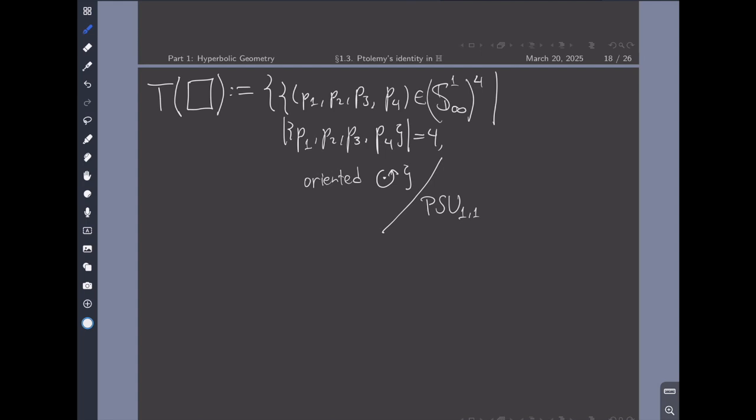And this extra information is that I'm telling you that there's a first vertex. Yeah, so the orientation kills all the rotations, which would be automorphisms.